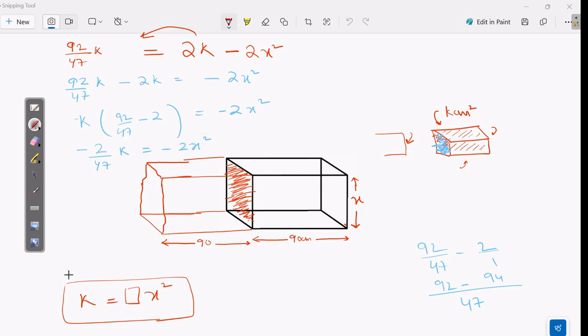So can you tell me this relation, the final thing? K is equal to what times x square?